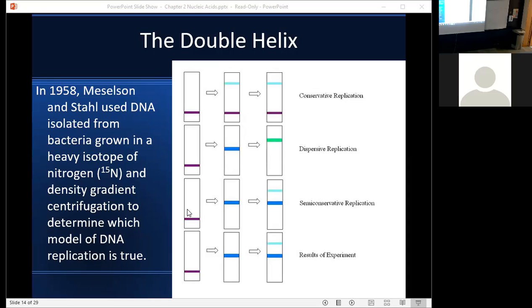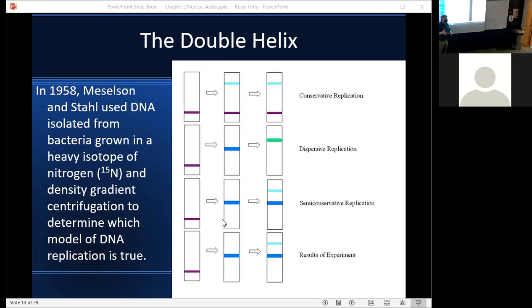Now with the semi-conservative model, again, we're going to start with one band of heavy DNA. After one round of replication, we're going to have hybrid DNA molecules, made of one labeled heavy strand that acts as a template and one newly synthesized strand. So we're going to have one labeled strand, one unlabeled strand.